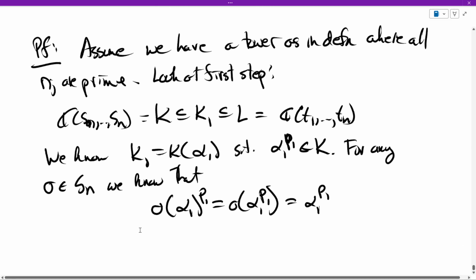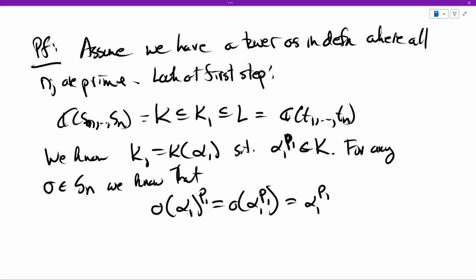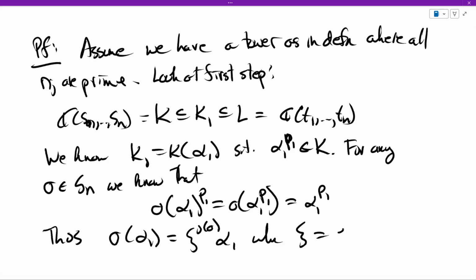So what does that tell us? Well, sigma must send alpha 1 to a p1th root of alpha 1 to the p1. We know all the p1th roots: alpha 1 is one of them, and then we get one for each of the other p1th roots of unity. So sigma of alpha 1 must be zeta to the j of sigma times alpha 1, where zeta is e to the 2 pi i over p1.